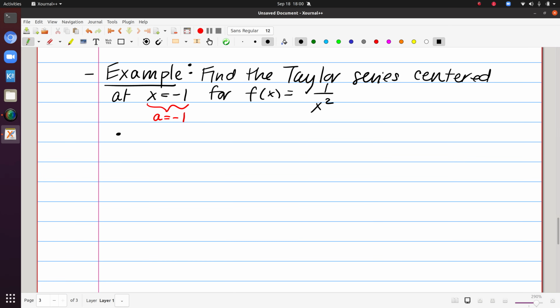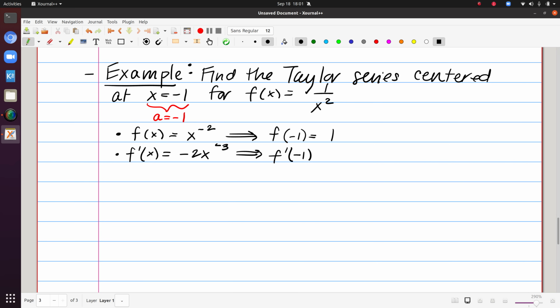So now I start with my function, which I'm going to write as x to the -2. We now want to evaluate this not at 0, but at our center, which is -1. So if I plug that in, I'm going to get +1. The first derivative of this function is -2x to the -3. If we plug in -1 for that, we are going to get a +2.